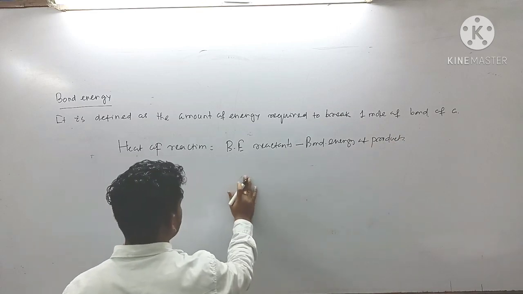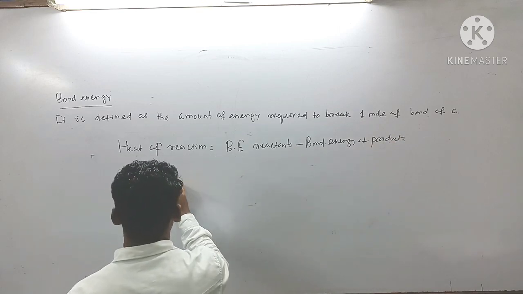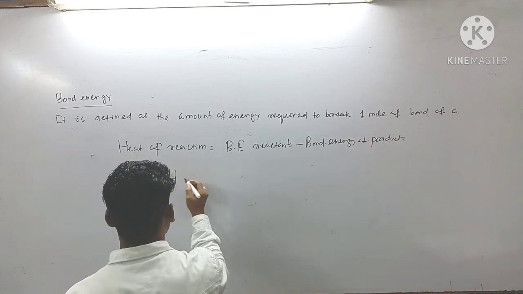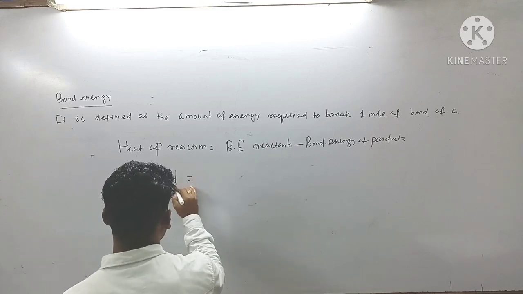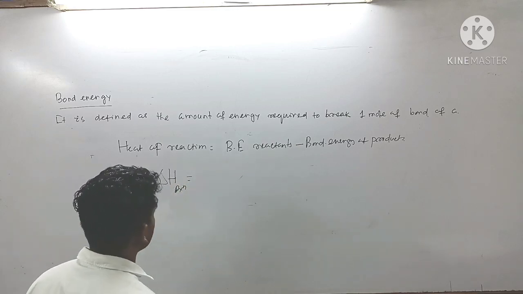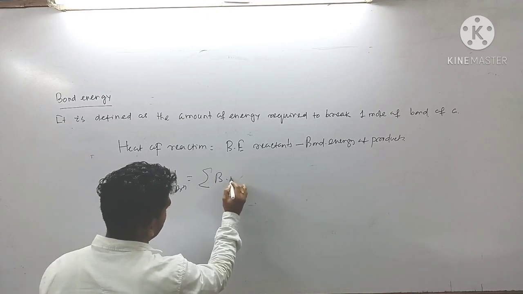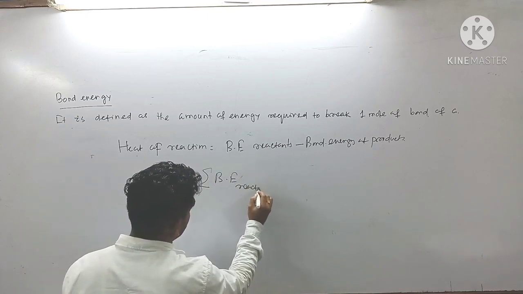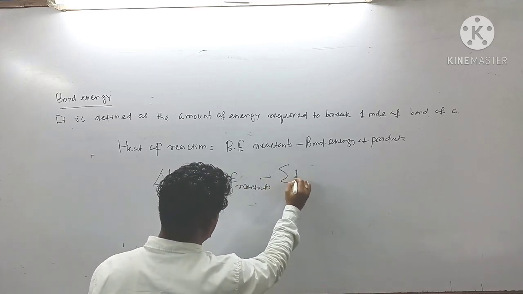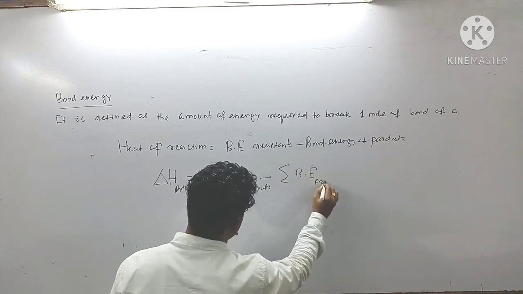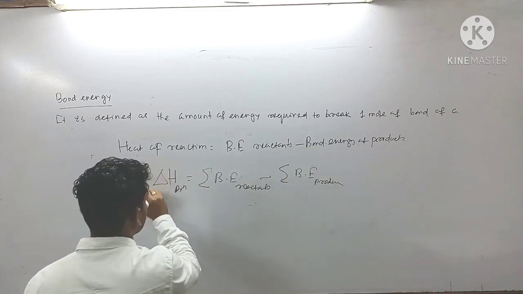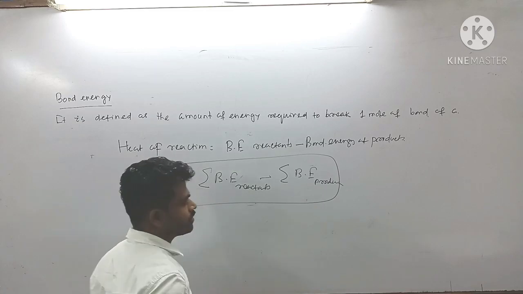Or you can say del H, heat of reaction, is equal to summation of bond energy of reactants minus summation of bond energy of products. Very important, just remember this formula. Clear?